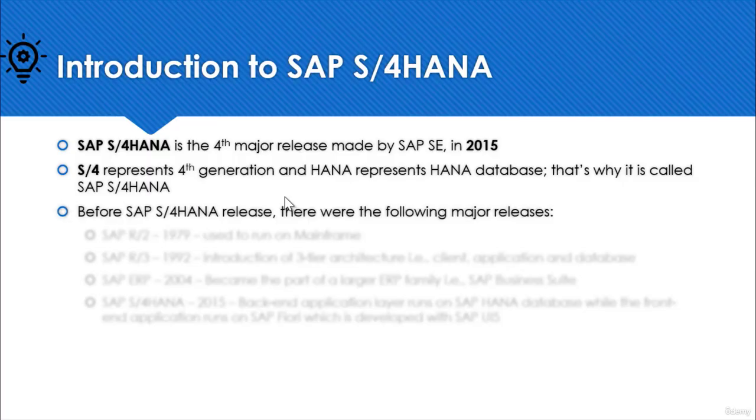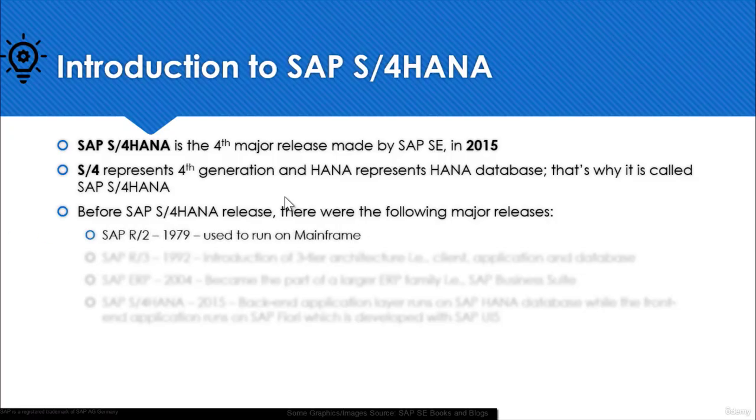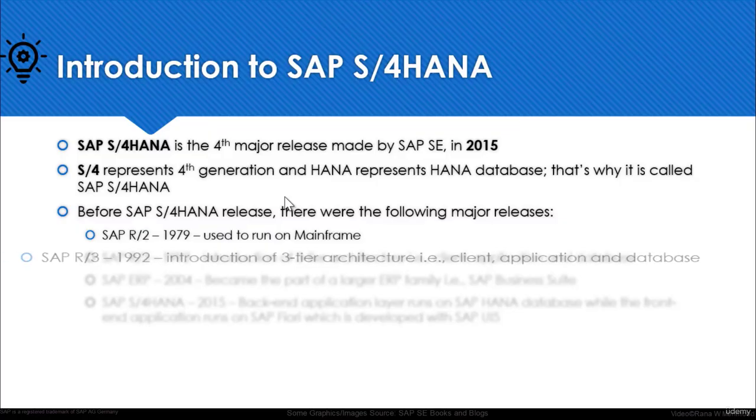Before the SAP S4HANA release, there were the following major releases. SAP R2 in 1979 used to run on mainframe. Then in 1992, SAP R3, which introduced three-tier architecture, that is client, application, and database.